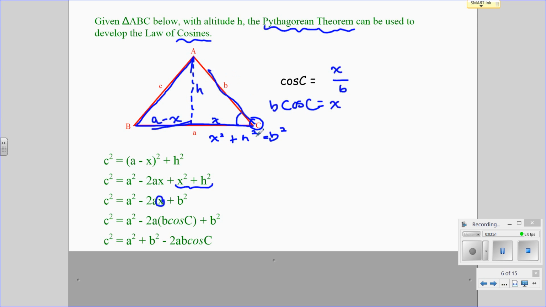So this is the side angle side scenario. So if I have little a, little b, which are the two legs of the triangle that happen to make up this included angle c, I can then find little c, which is the opposite side. So if I have the two sides with the included angle, I can find the opposite side length.